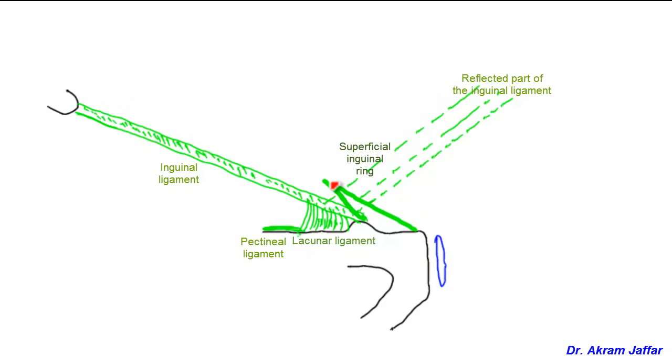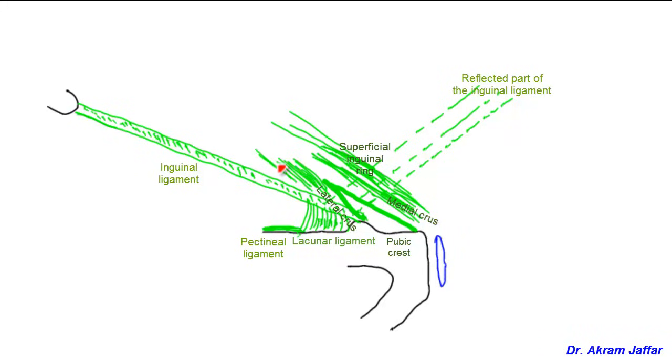Its apex is directed upwards and laterally, and its base is formed by the pubic crest, and it has two borders, a medial border and a lateral border, which are formed by the crura, medial crus and lateral crus of the aponeurosis of external oblique muscle. Now I'm drawing the fibers that constitute the medial crus, and there are other fibers here that constitute the lateral crus of the aponeurosis.